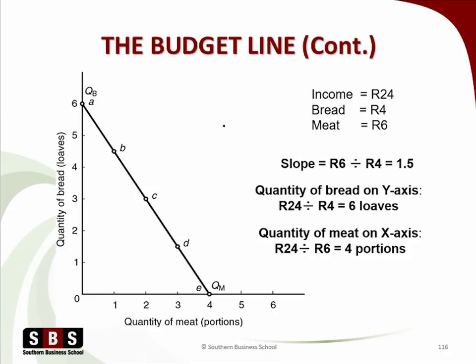It's always the price on the x-axis divided by the price on the y-axis. It's always like that. The price is 4 Rand and 6 Rand, and then you divide them, and that will give you the slope of the budget line. This may be a calculation in the exam, so take note of this.